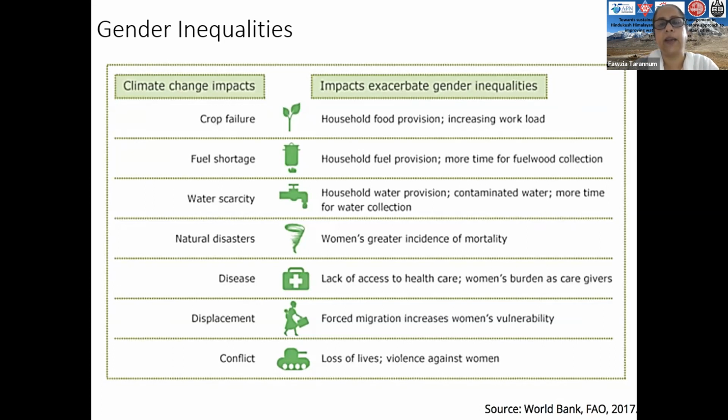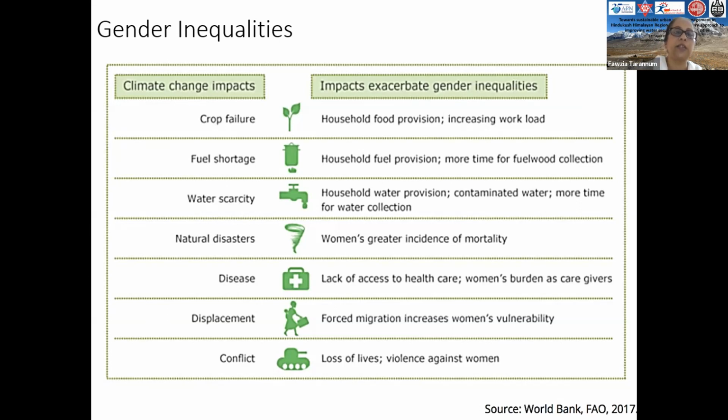Natural disasters, again, the mortality, women's is greater, you just saw in the tsunami, there's greater mortality of women. Disease, lack of access to healthcare, women's burden as caregivers. So for them, it works both ways: in terms of being impacted by a disease, they are more vulnerable, but at the same time, looking after people who are suffering also becomes women's burden.